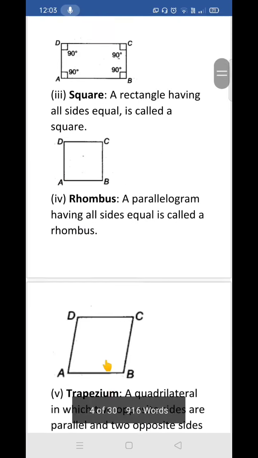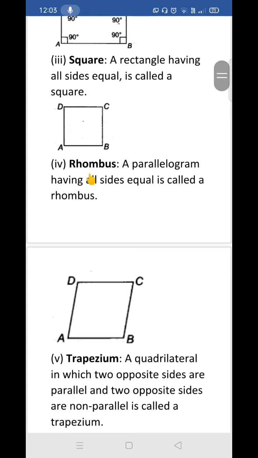Now we'll move on to the next one, the rhombus. A rhombus is a parallelogram having all sides equal. Here ABCD is a rhombus. It is a parallelogram, meaning opposite sides are parallel to one another.